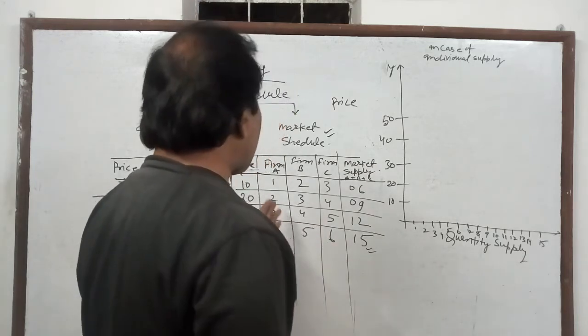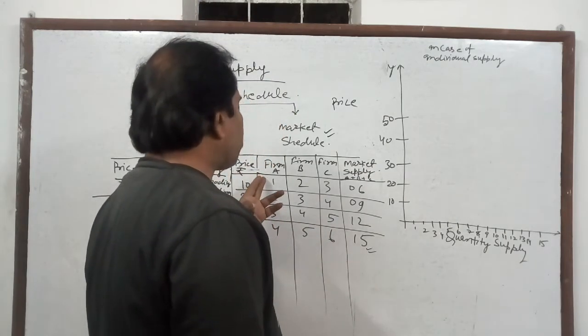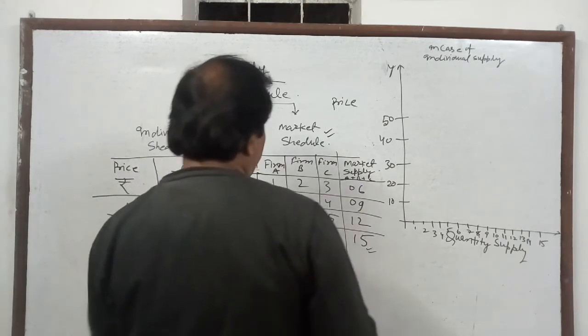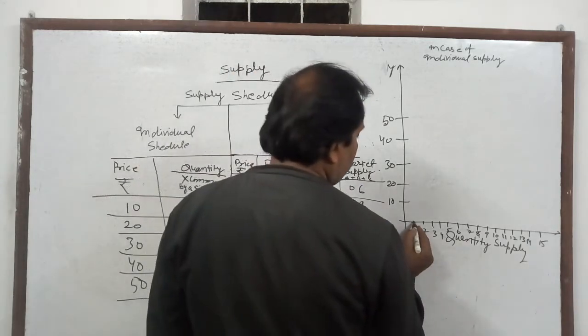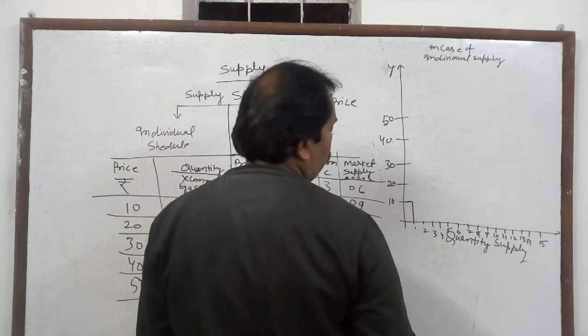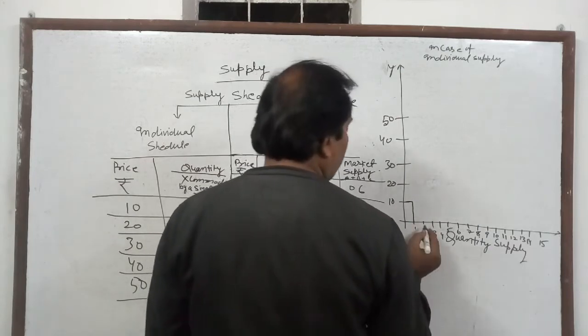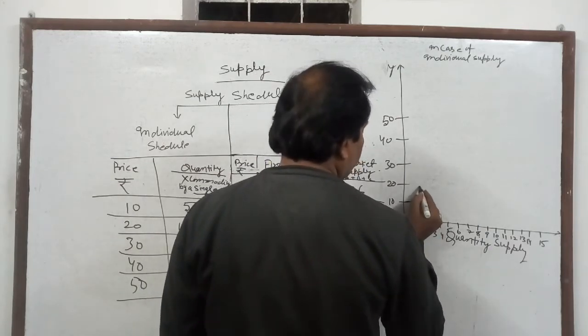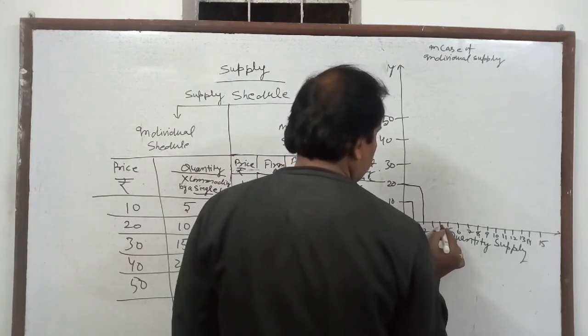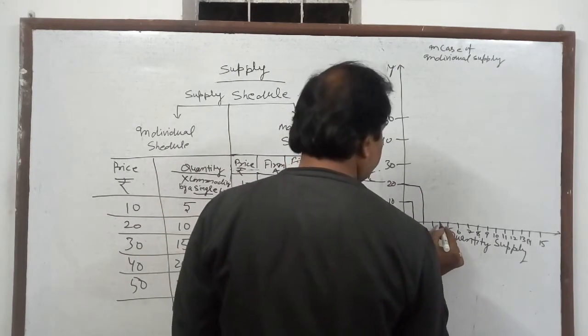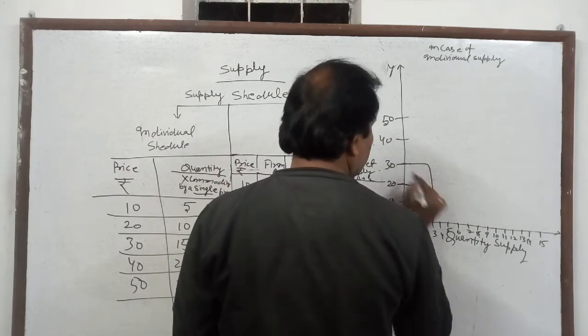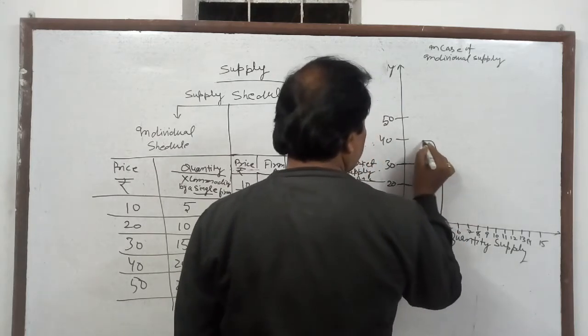So first of all I am going to locate the supply of firm A. When the price is rupees 10, he is ready to sell only 1 unit. When the price is rupees 20, 2, next 3, 4.